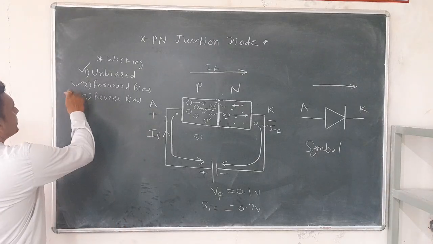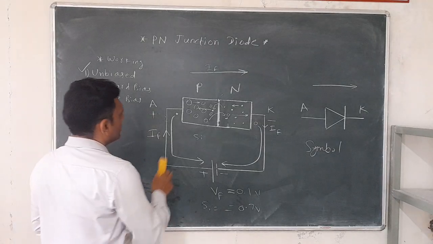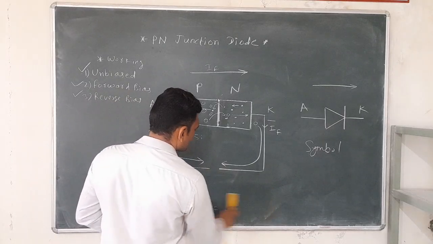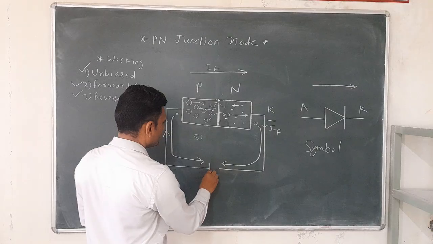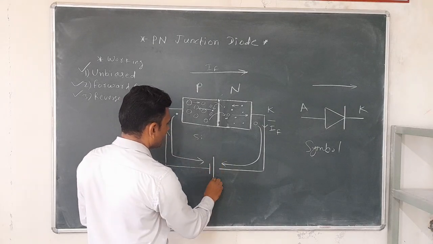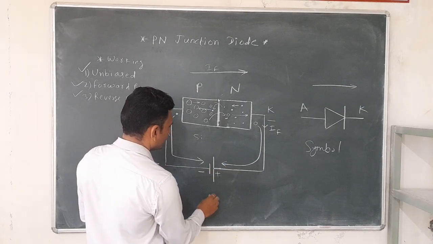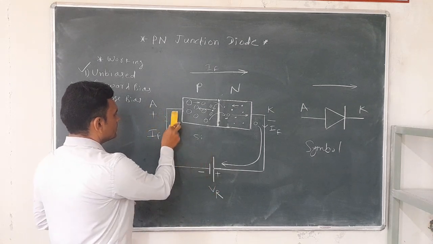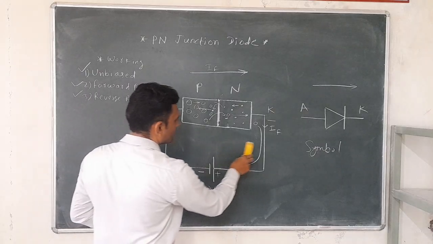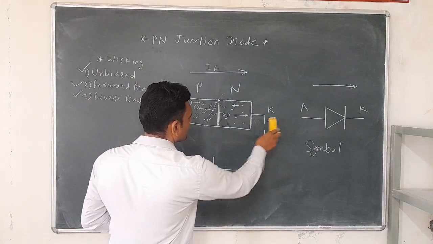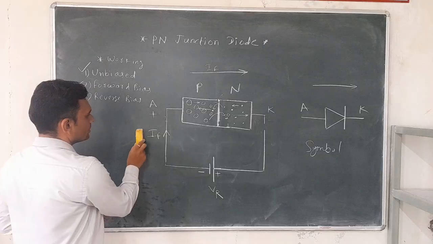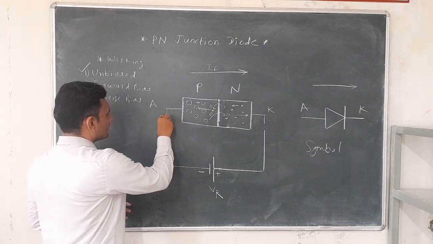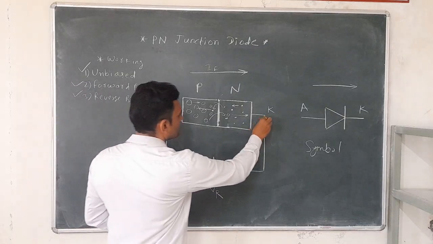Next is reverse bias condition. So when we change the terminals of external voltage source, means if anode is negative and cathode is positive, this type of voltage is called reverse voltage. So when PN junction diode is reverse biased, then current through diode is 0.